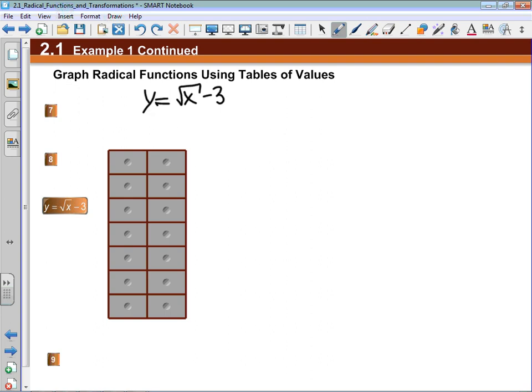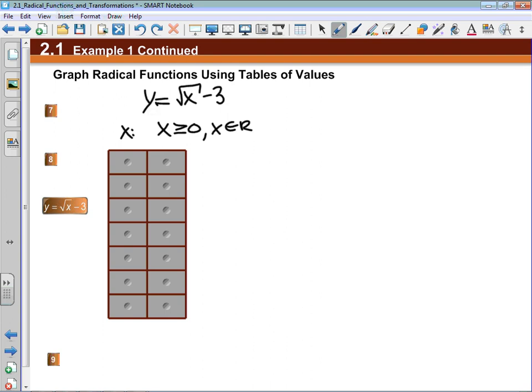Now, for the domain, before we even look at the graph, because only x is inside the radical, x must be greater than or equal to 0. And I'm just going to cheat a little bit. That becomes the domain of our function. Range is a little bit harder, and I often recommend students get a graph before you do range. But if we think about what's happening here, if y is equal to the square root of x minus 3, the smallest value for the square root of x is 0, but then I'm going to subtract 3 from there.